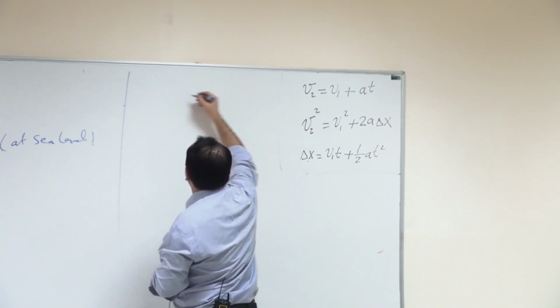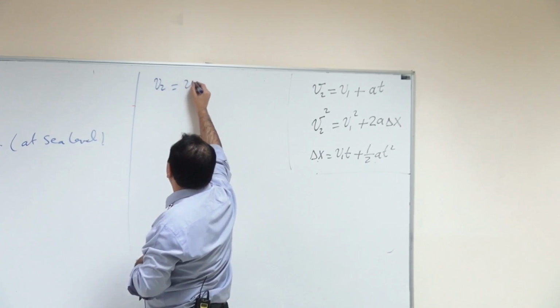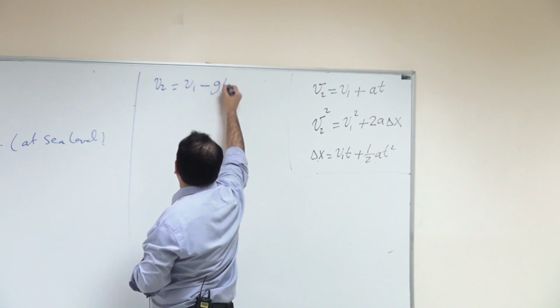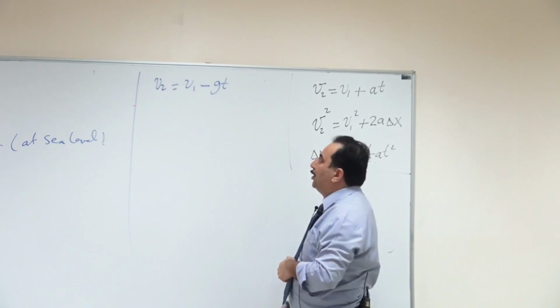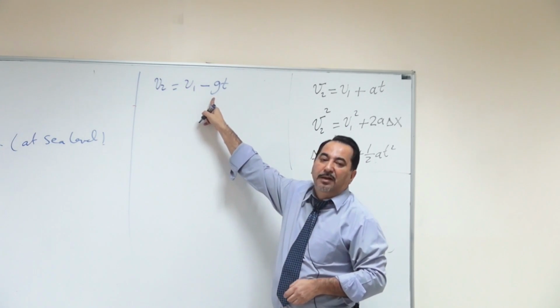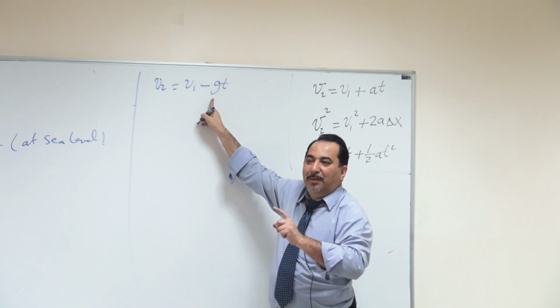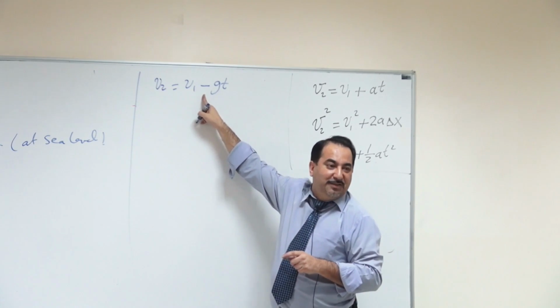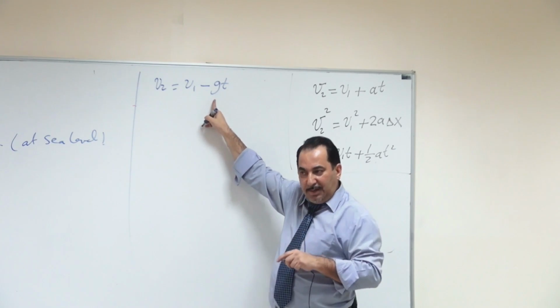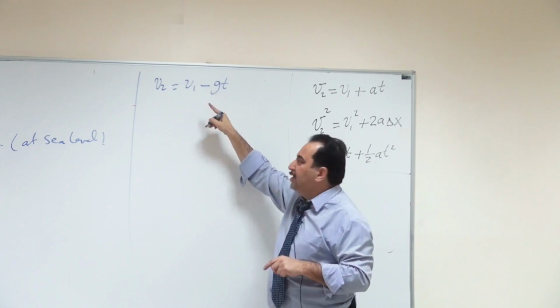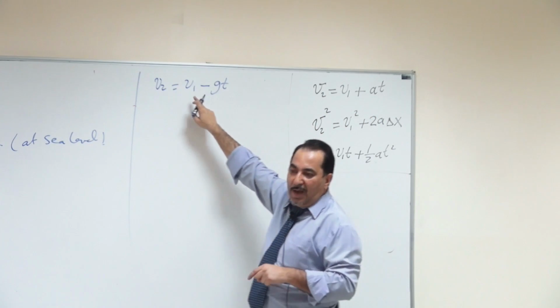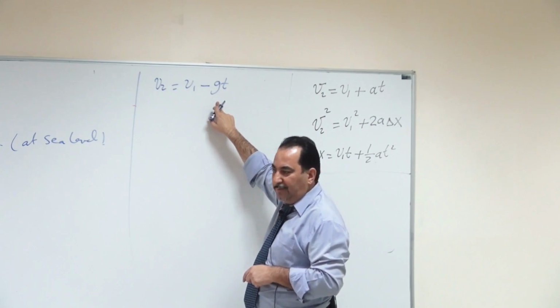The first equation becomes final velocity equals initial velocity minus gt. So how much do you put for g here, plus or minus? No, because I already put the minus, you just put 9.8 for g.